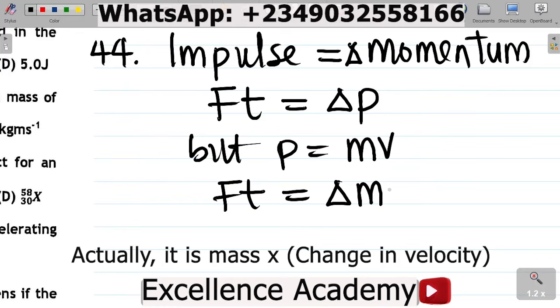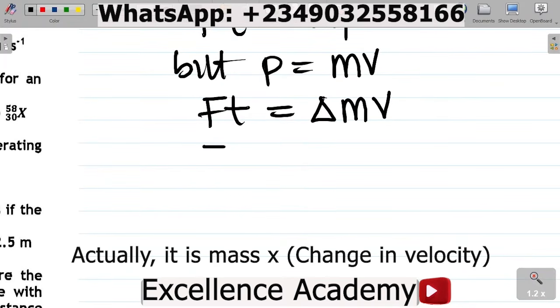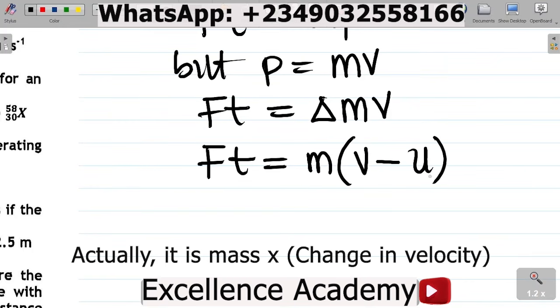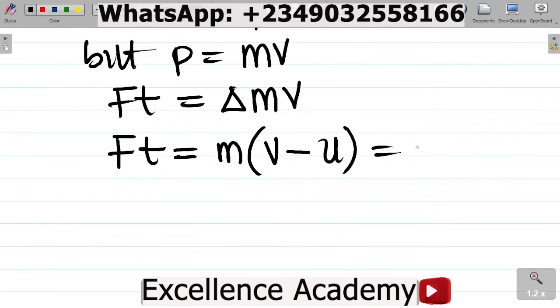All right, change in mass times velocity. And if we put this in proper context, we'll have that impulse, force times time, is equal to mass. Change in velocity is simply final velocity minus initial velocity. That's U. So we have this. So multiplying this through, this would be equal to mass times final velocity minus mass times initial velocity.